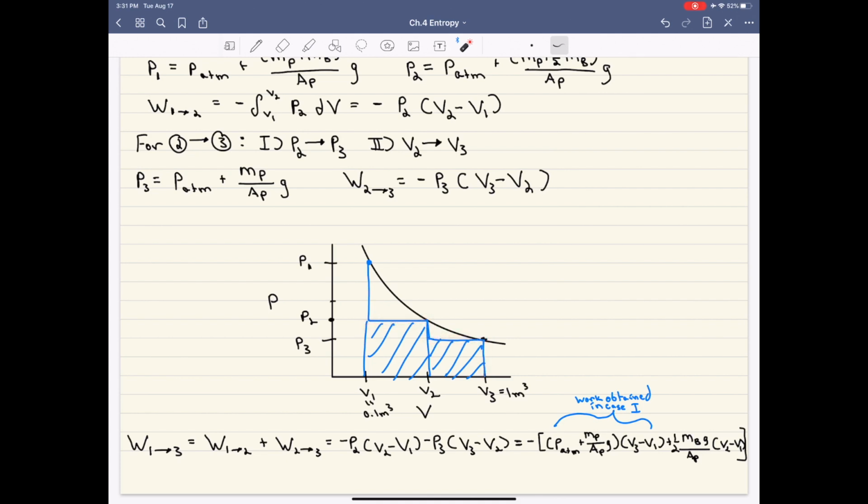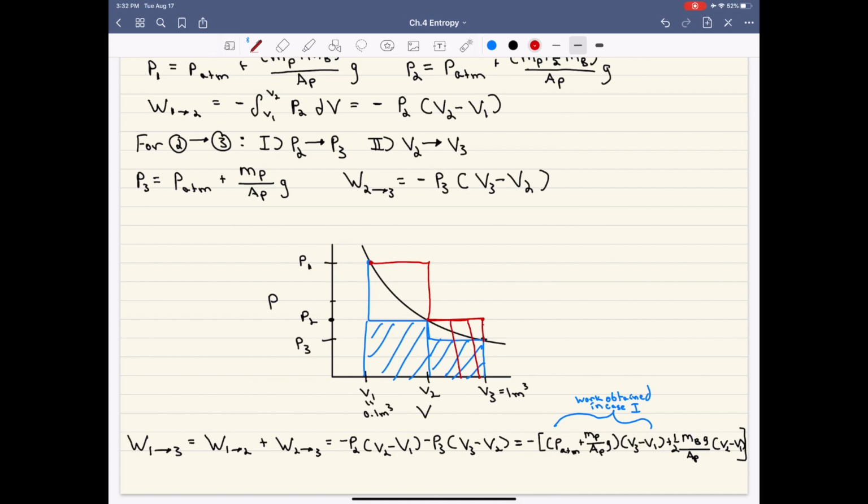Okay? And so if we even consider the opposite case as well, if we go from state 3 to state 2, then state 1, it would look something like this. So when we're going from state 3 to state 2, we would be decreasing the volume like this, and then from state 2 to state 1, we'd be decreasing the volume like this.